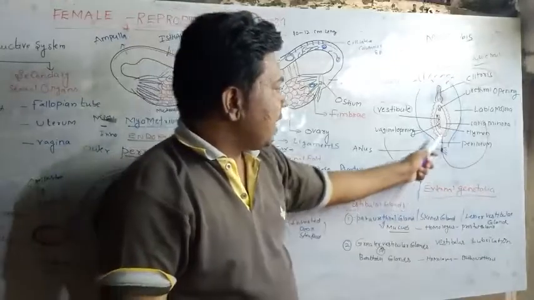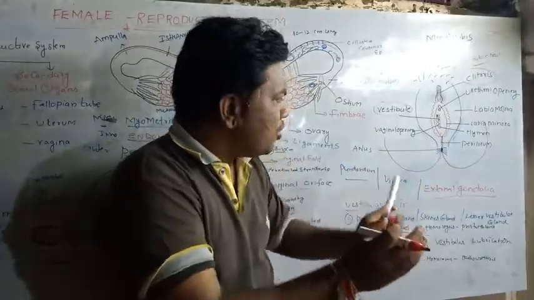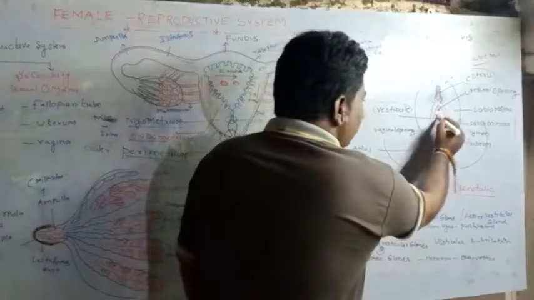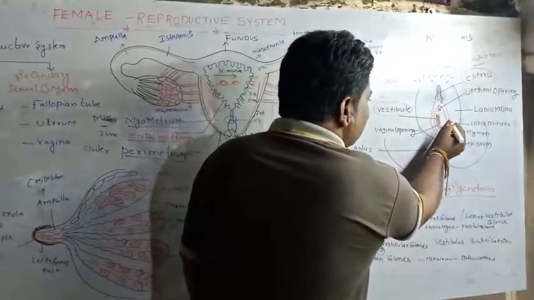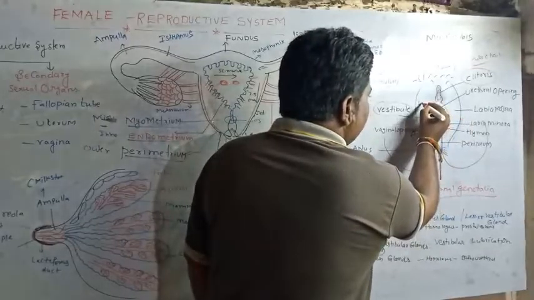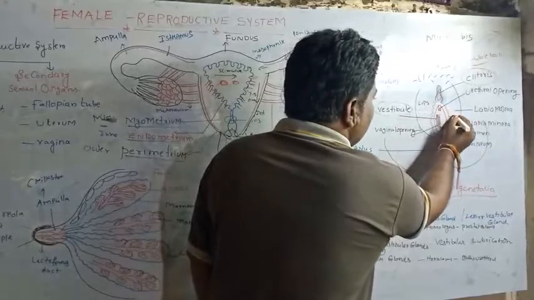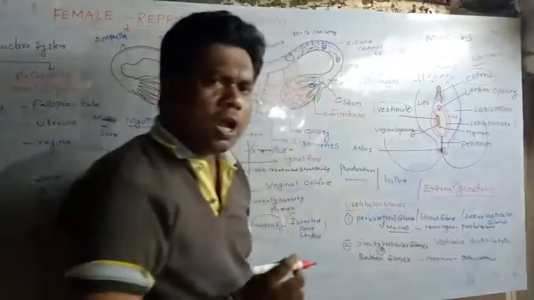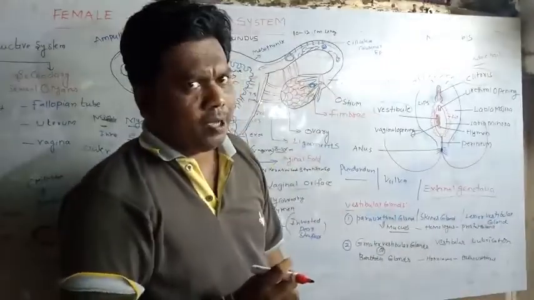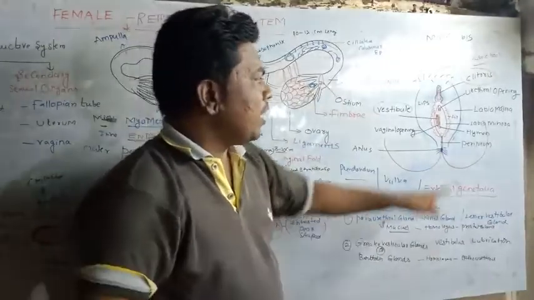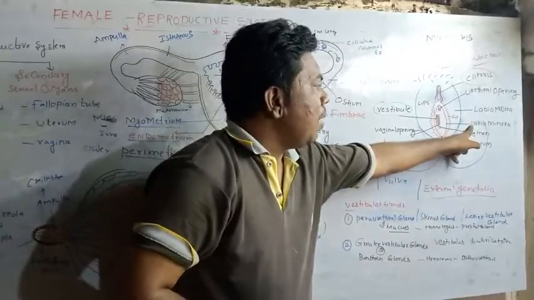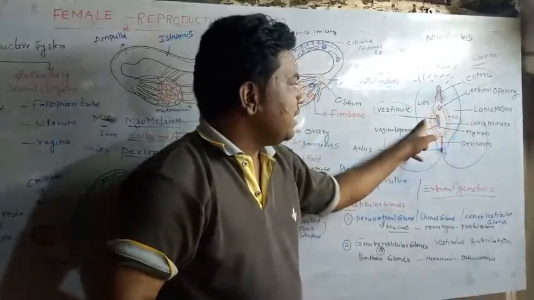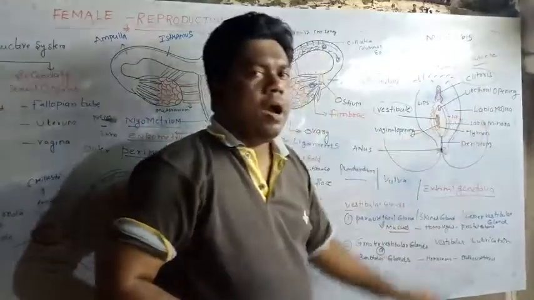Right, after that, on either side of the vestibule, so this is the vestibule, there are lips. This is the lips, this is the lips. The inner lips are called the labia minora. What is the labia minora, beta? The upper lips are known as the labia majora.